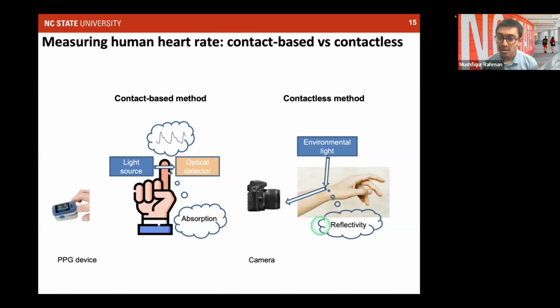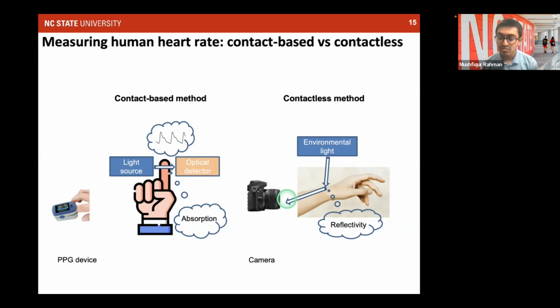So if we use a digital camera to get the brightness, we will see a sinusoidal-like curve in the brightness of this region.